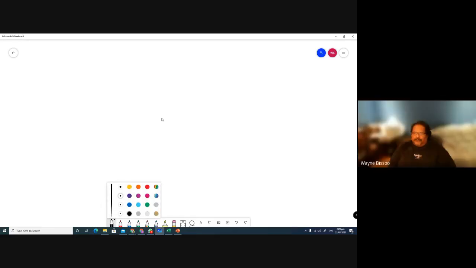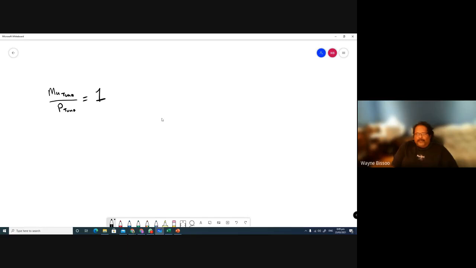So what the theory is telling us is this. For every item that we put into our basket, so give me the marginal utility of, let's say you put tuna, right? So over the price of tuna has to be equal to 1. That's the ratio we're trying to get.